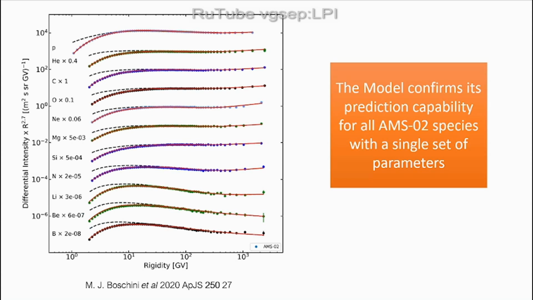And you see that the model confirms its prediction capability for all AMS-02 high precision species with a single set. The dashed lines are the local interstellar spectra, whereas the red lines on the data are the modulated spectra. And you see a good agreement for both primary and secondary species.